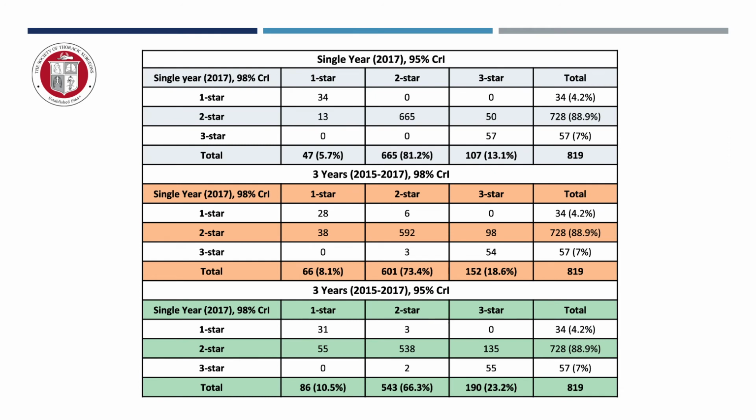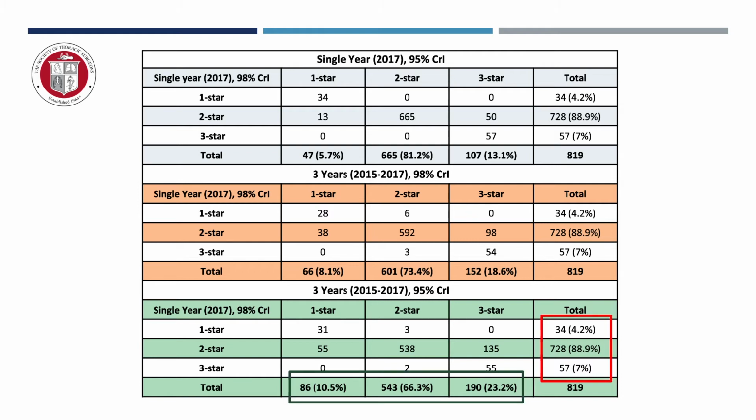These three cross-tabulations compare the current single-year, in this case 2017, data sample with various alternative approaches: single-year 95% credible interval, 3-year 98% credible interval, and 3-year 95% credible interval.